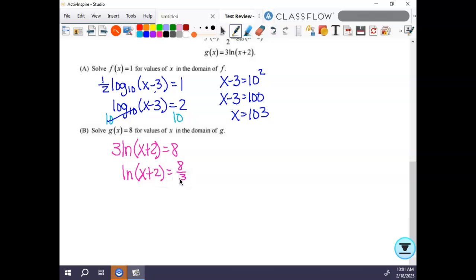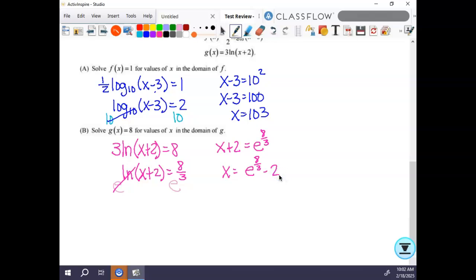All right, no biggie. The base of the natural log is e, so I make e the base here. Those essentially cancel each other out. So I'm going to get x plus 2 equals e to the 8/3 power. So x is equal to e to the 8/3 minus 2.